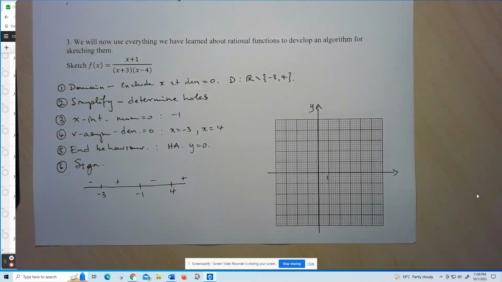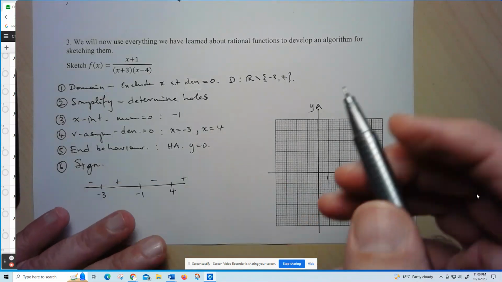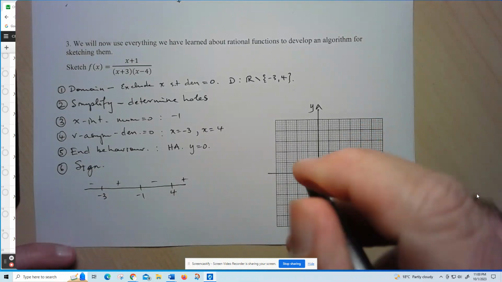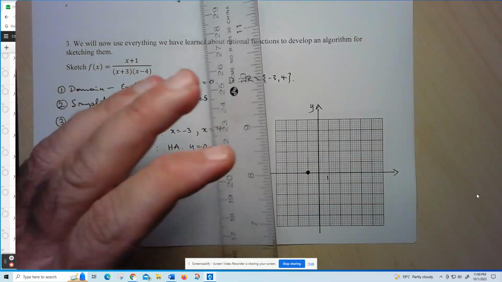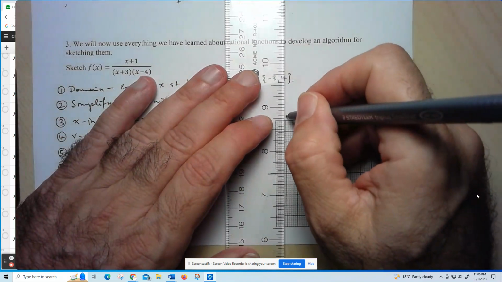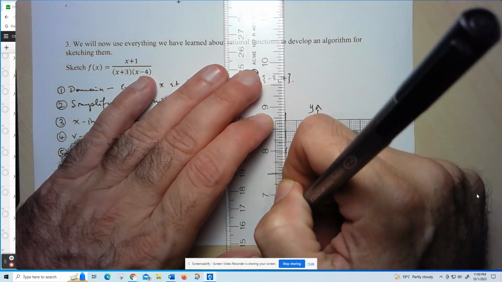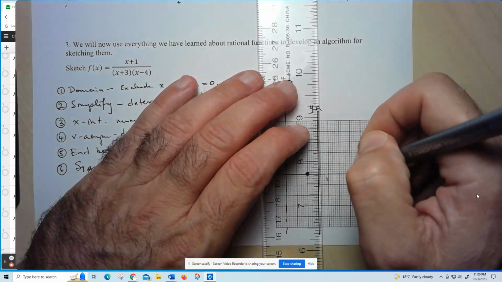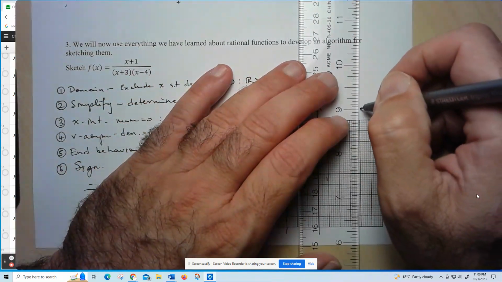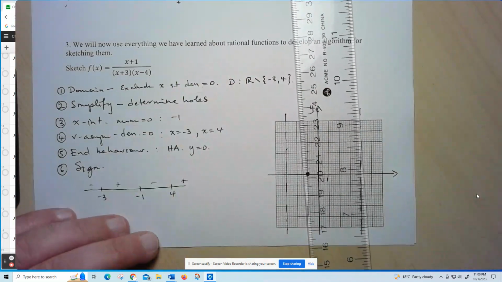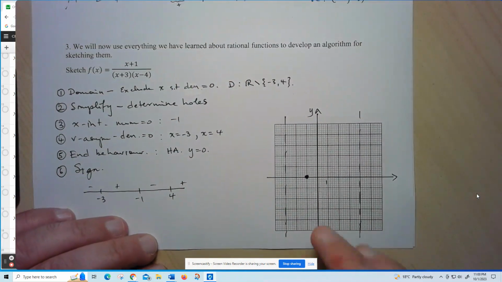So what is the structure? Well, things that we know for sure. I know there's an x-intercept at -1. Okay. I know there's vertical asymptotes at -3 and at 4. Okay. And I know the end behavior.